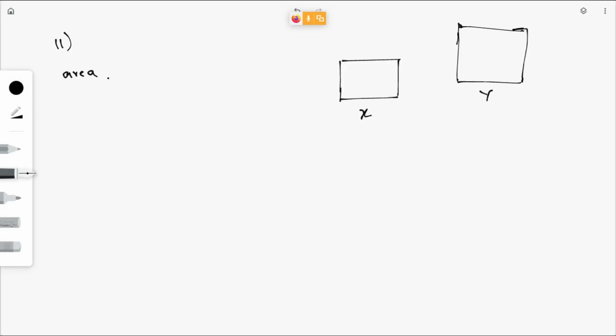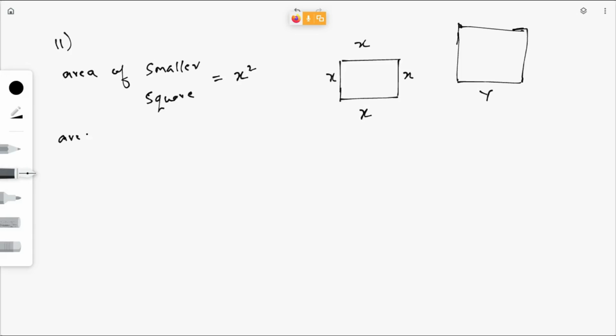If one side is x, the area is length into breadth. As it is a square, all the sides will be x, so it is x square.